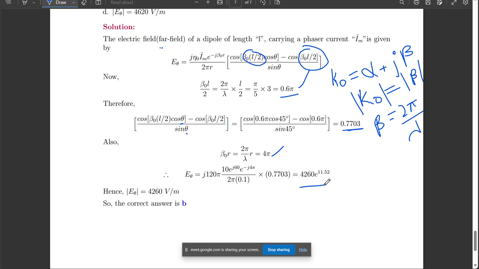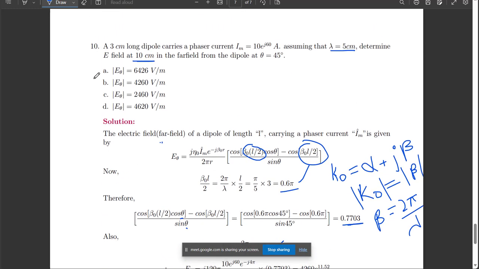Okay, so without a calculator you won't be able to solve this. If you did not bring a calculator this time, bring a calculator from the next time. So solve the question by yourself. Anyways, the modulus of E theta will be 4260 volts per meter.